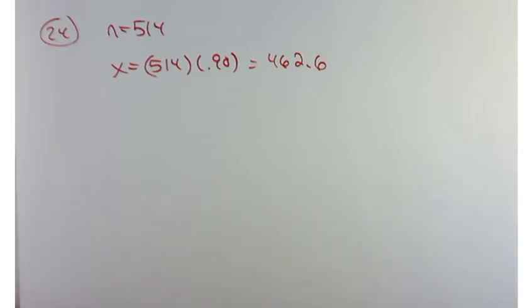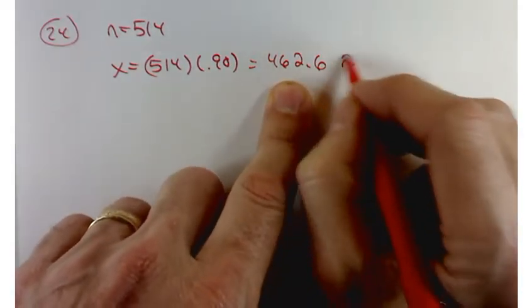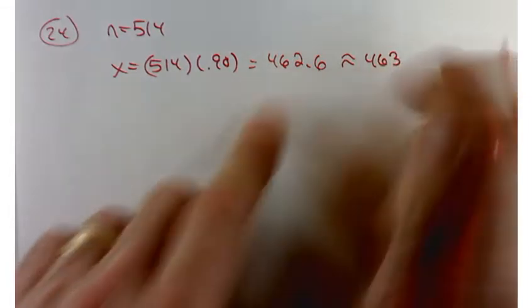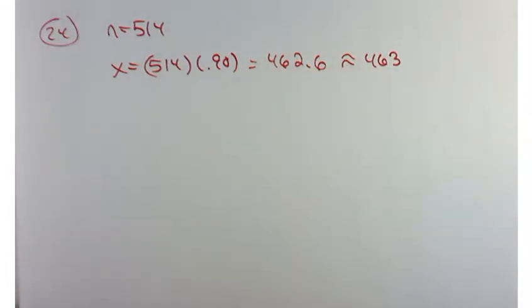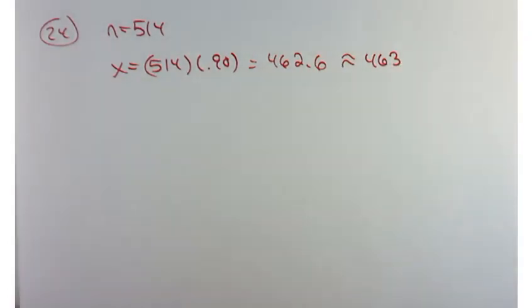Something looks a little wrong there. Yeah, the 0.6, right? We don't chop a human resource person in half, at least usually. So, what should I round this to? Yeah, I'd do 463. That's the closer of the two integers that surround this number. So our number of successes then, we'll count it as 463. All right, so that's the number that actually succeeded here.